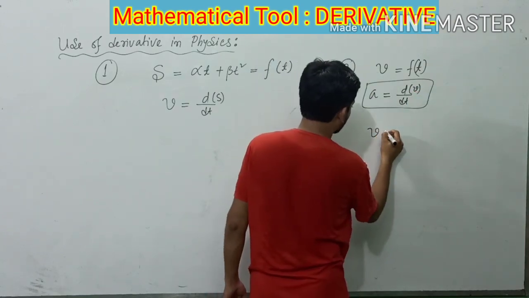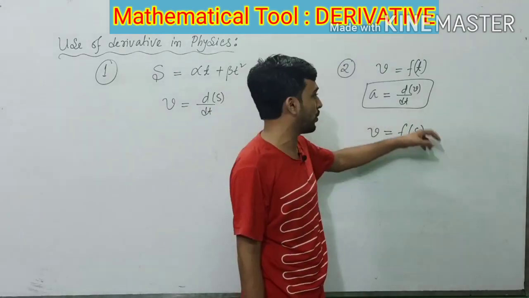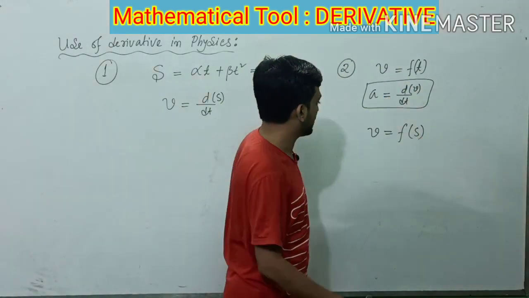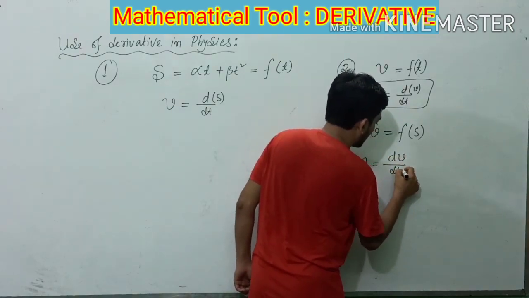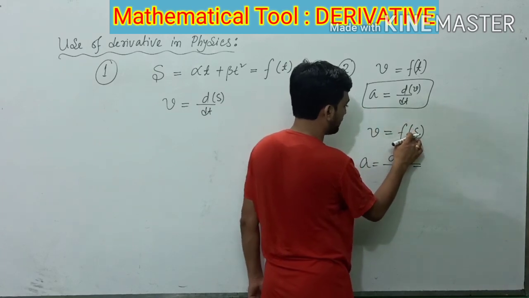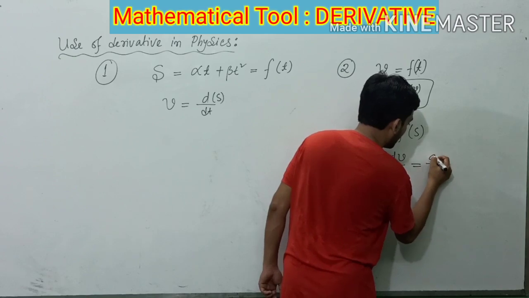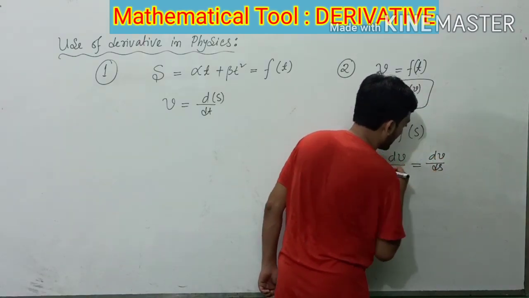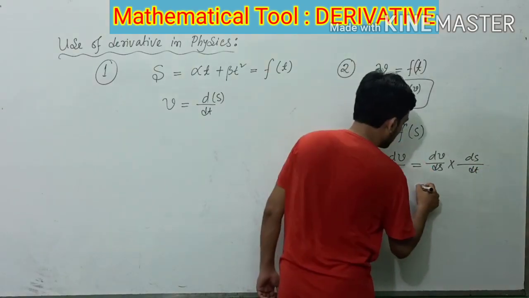If the velocity of the moving body is given as a function of displacement, not in terms of time t, then acceleration will be the derivative of velocity with respect to time t. Since velocity does not contain time, in fact it is containing displacement, we can write dv by ds multiplied by ds by dt.